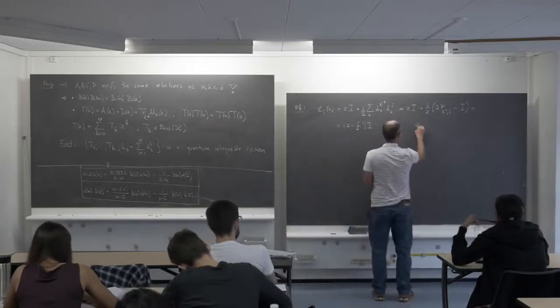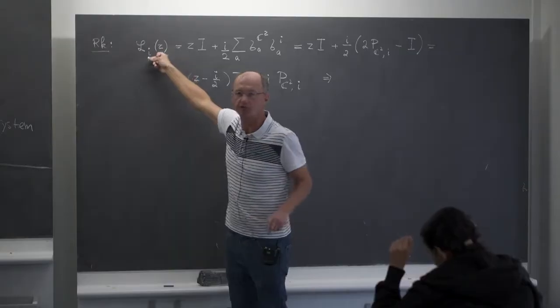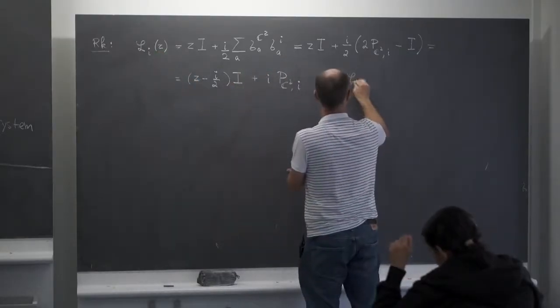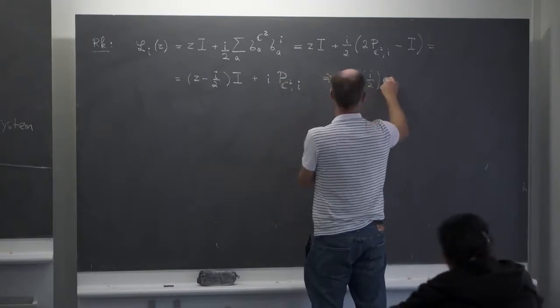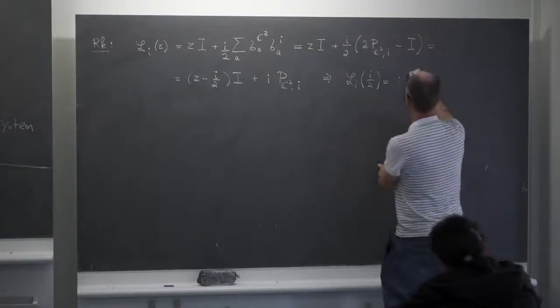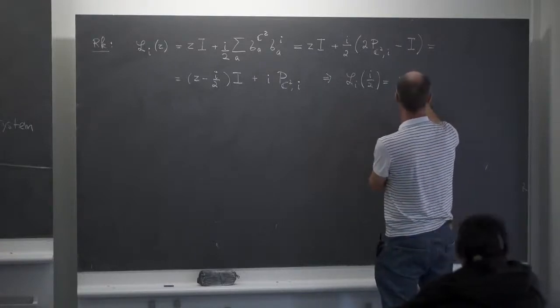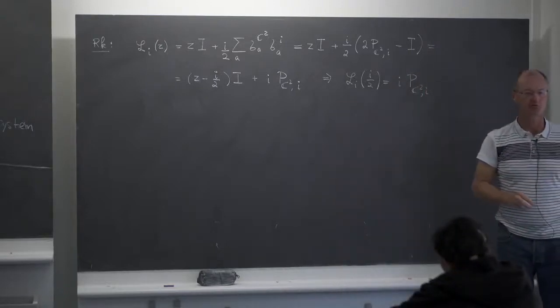So it follows that there is one somewhat special value of z, which is equal to i over 2. And at that point, this operator is, up to multiplication by i, equal to the permutation matrix.